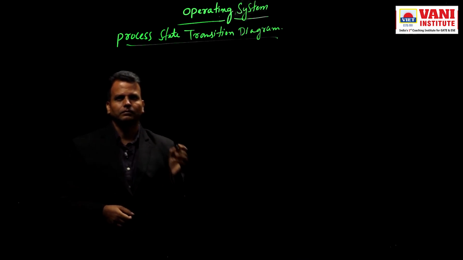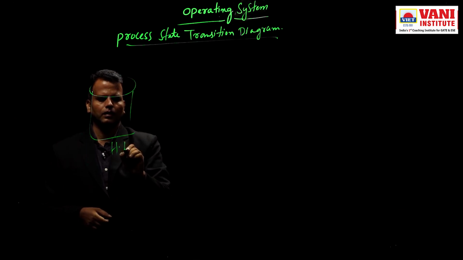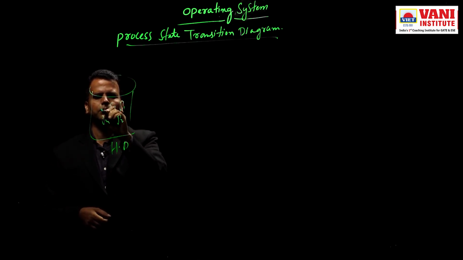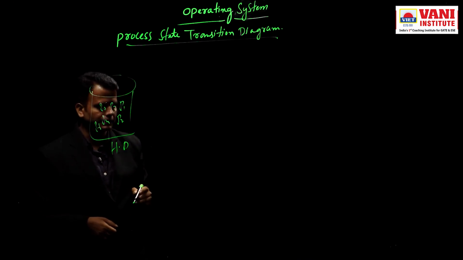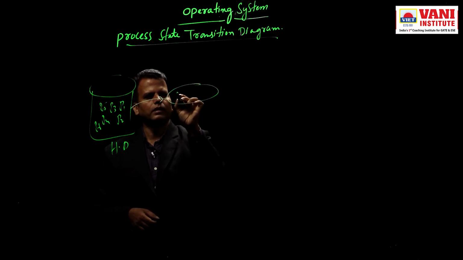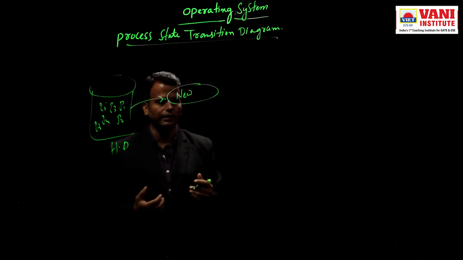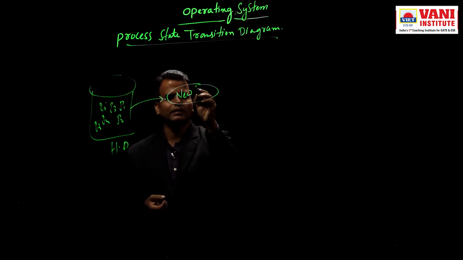Now this is the hard disk where some programs are present, P1, P2, P3, P4, P5, P6, like this. Whenever you bring a program from the hard disk, that is called the new state, also called the create state.